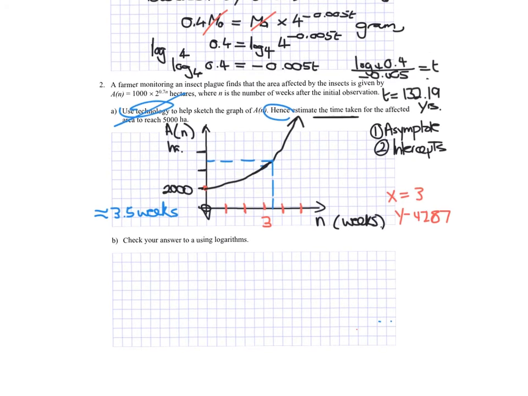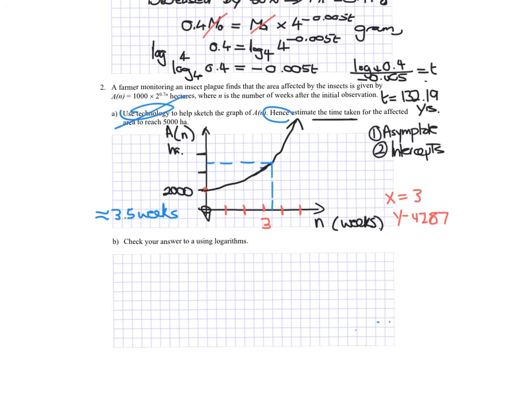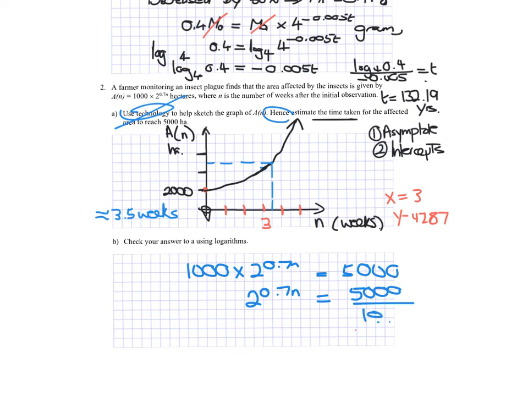Now, check your answer to A using logarithms. So we're working out the time taken, we're working out n when A is 5,000. So we can go that 1,000 times 2 to the 0.7 n is equal to 5,000. Now obviously we're going to get rid of the 1,000 by dividing, so we get 2 to the 0.7 n equals 5,000 over 1,000, which is just equal to 5.